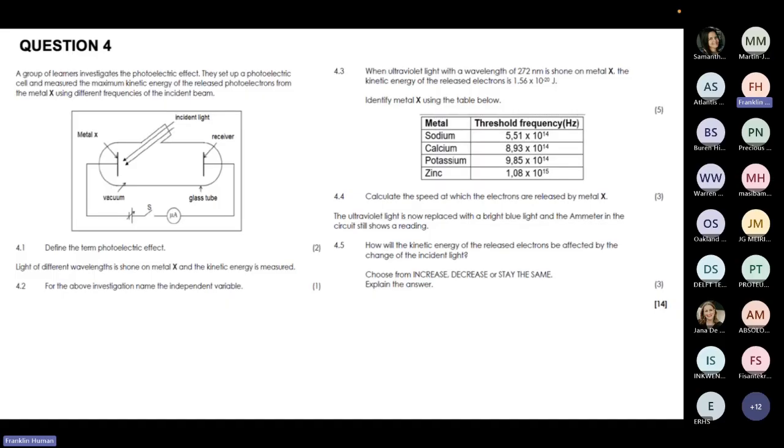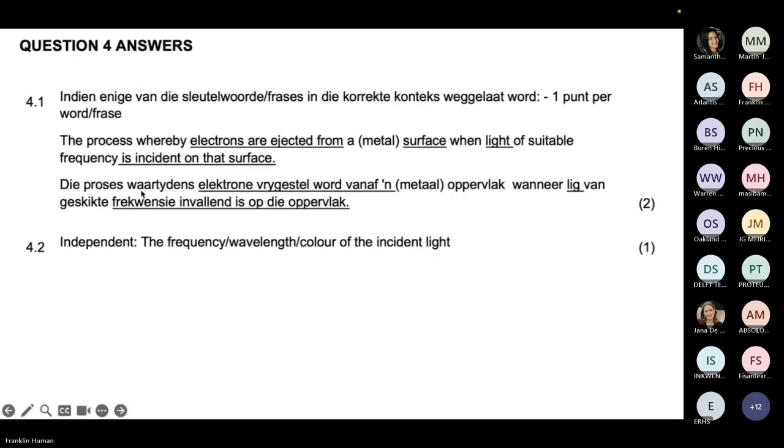Right, okay. So question 4.1, define the term photoelectric effect. By now, this is exactly the way you stated it. It is the process whereby electrons are ejected from a surface or a metal surface.